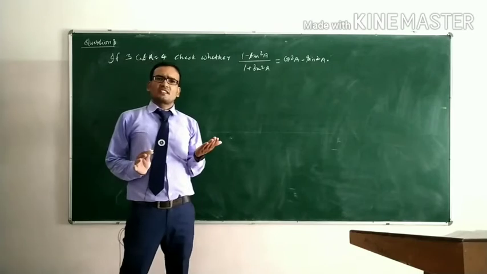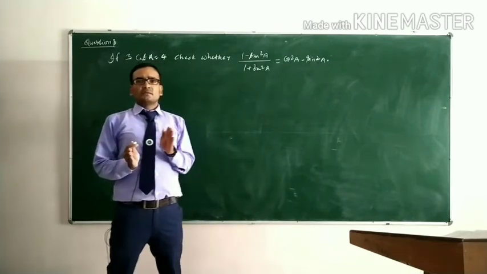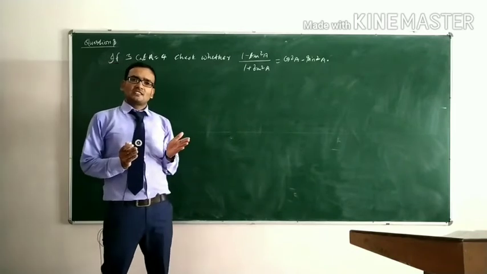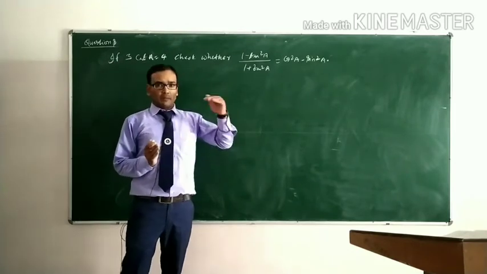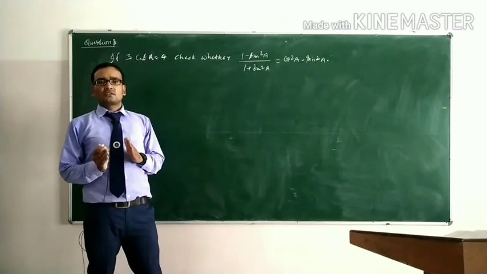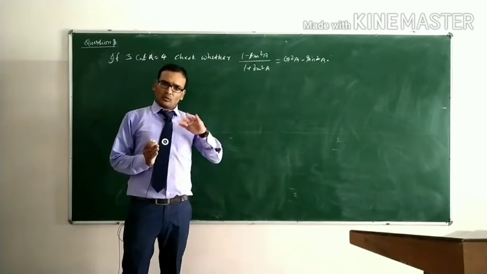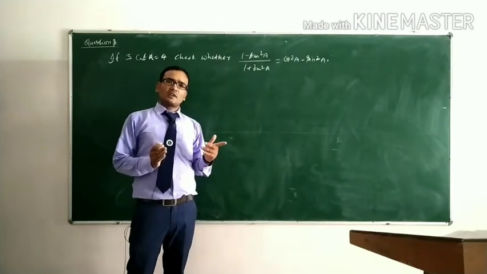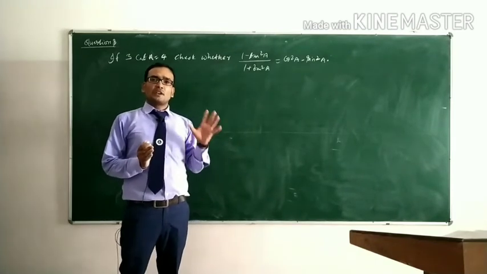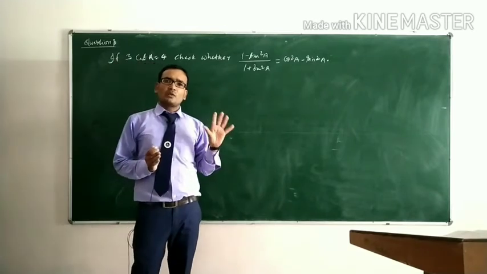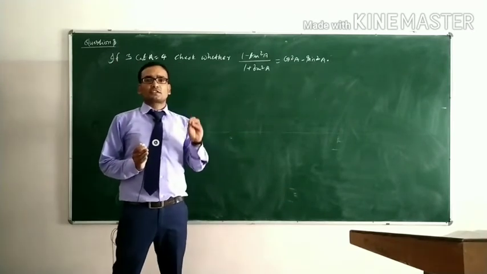In a previous lecture, we discussed the 1 plus sin theta into 1 minus cos theta upon 1 plus sin theta into 1 minus sin theta upon 1 plus cos theta into 1 minus cos theta. The value of this is equal to cot square theta.